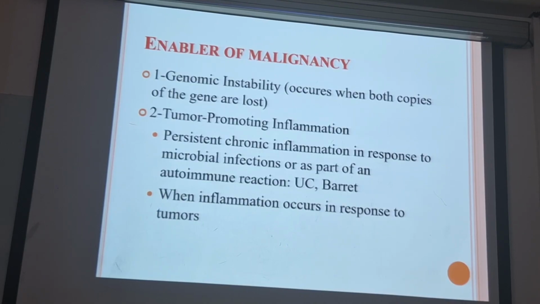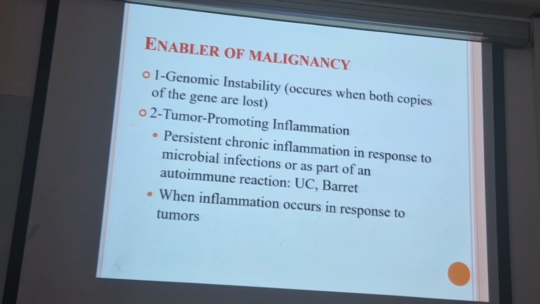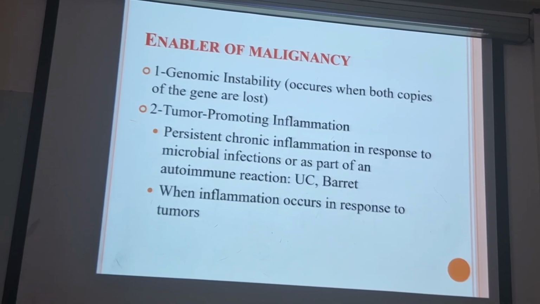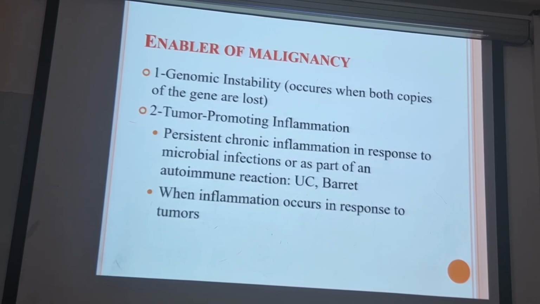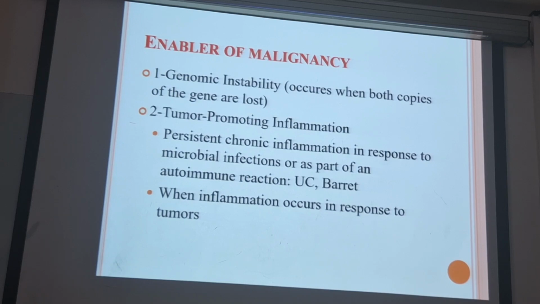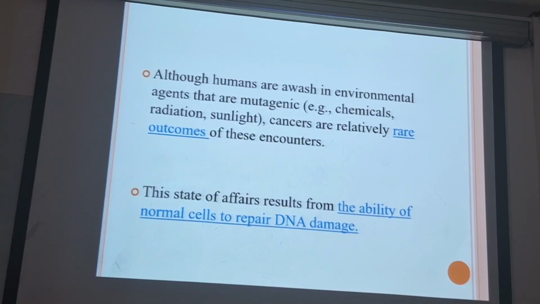And also, sometimes inflammation occurs in response to a tumor. On one hand, we have a tumor because of inflammation, and sometimes we have inflammation after the tumor forms. Now about genomic instability.